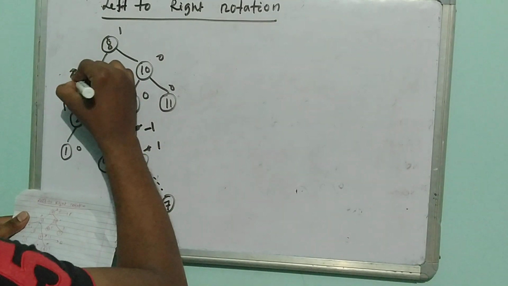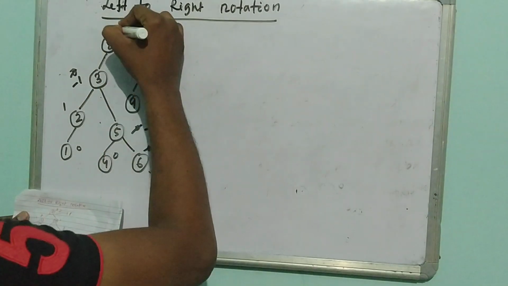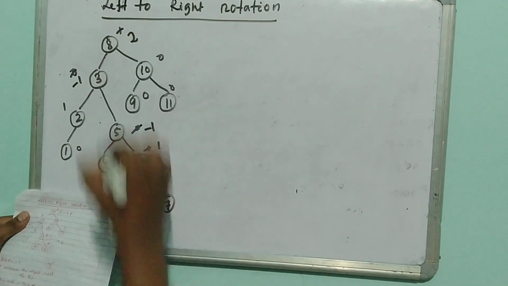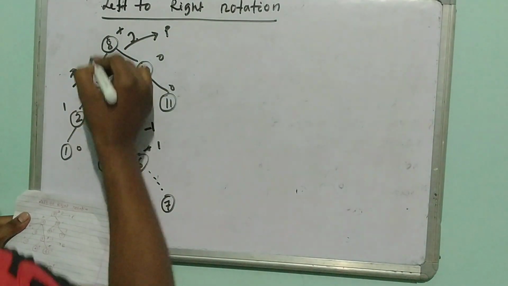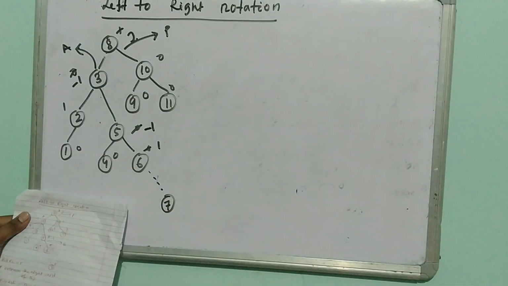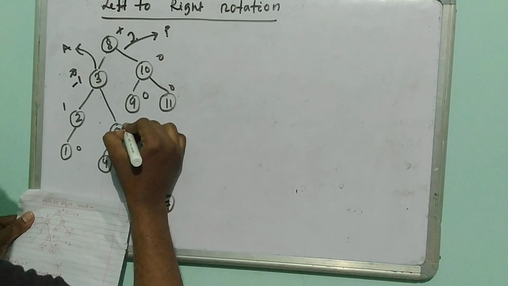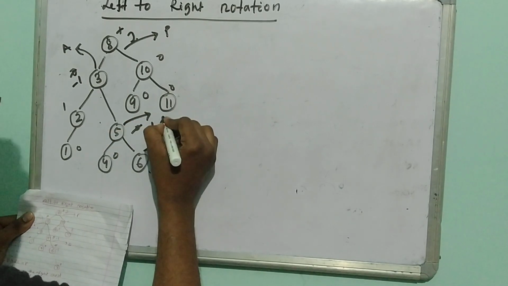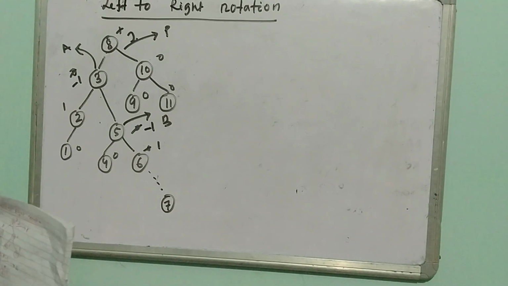Obviously the 0 is gone, minus 1 will become. And this is 1 2 3 4 2, and here 2 will be there, and this becomes the pivot node, very important. And the left part of the pivot node is A, and the right part of the pivot node is B.